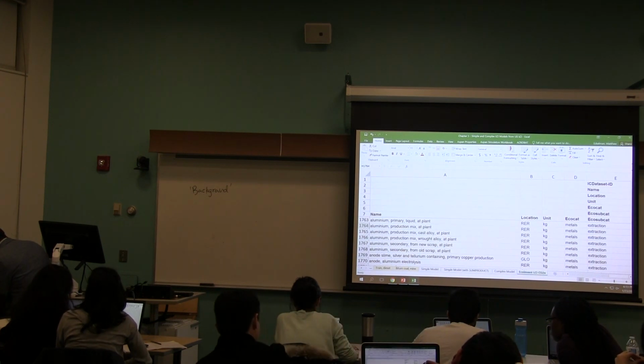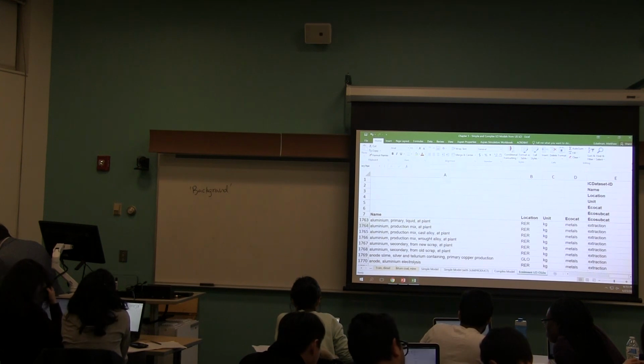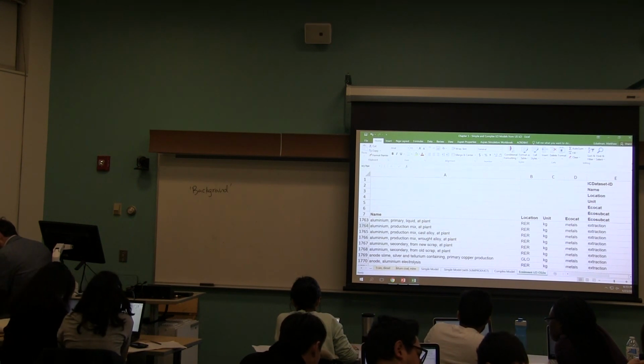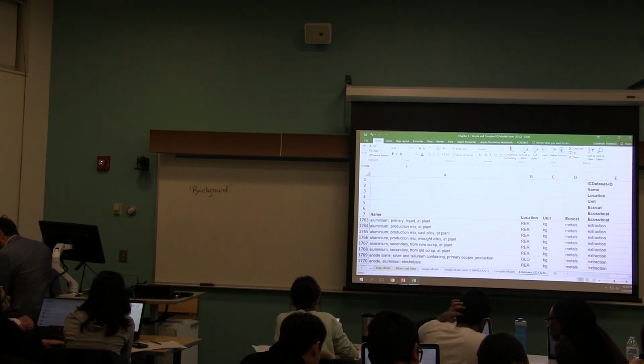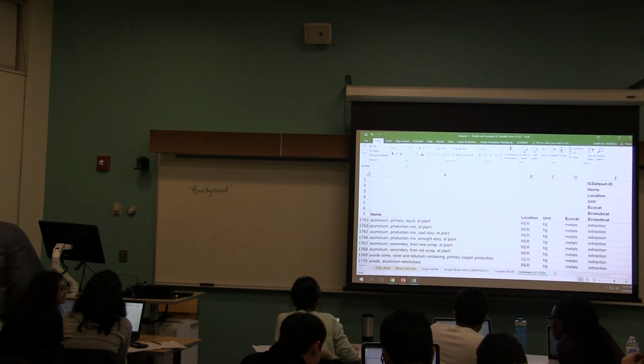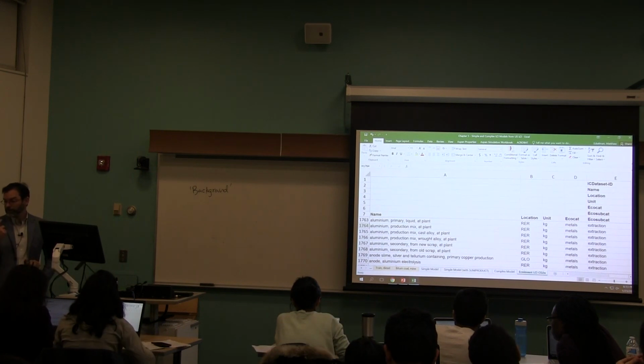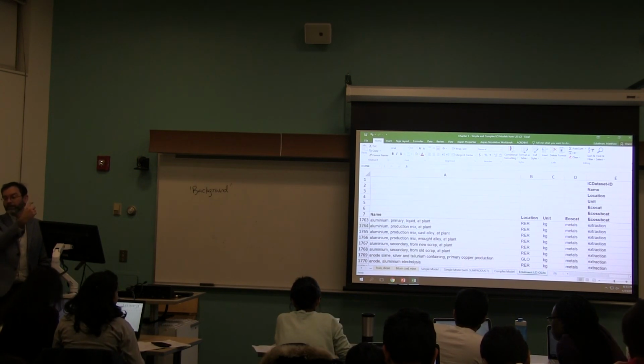So you want to find a unit process in your database that corresponds to the wood itself, not the infrastructure to make the wood. You multiply the amount of each thing times the CO2 emissions per kilogram of that material.